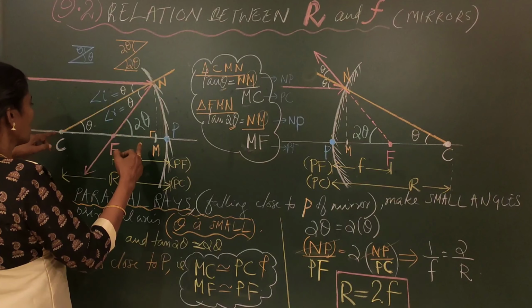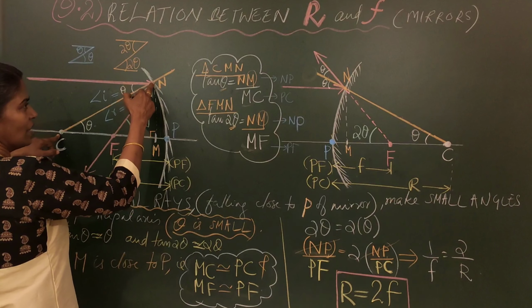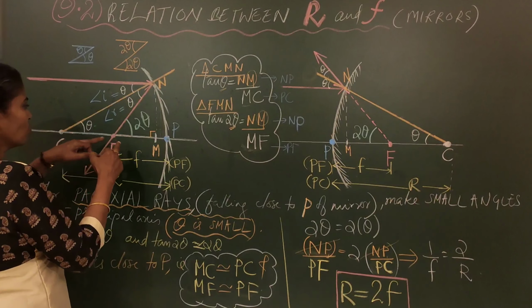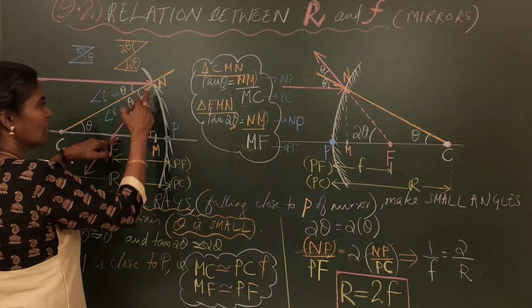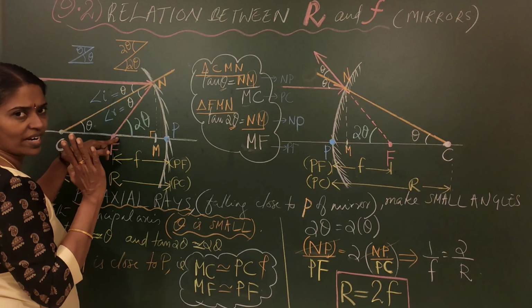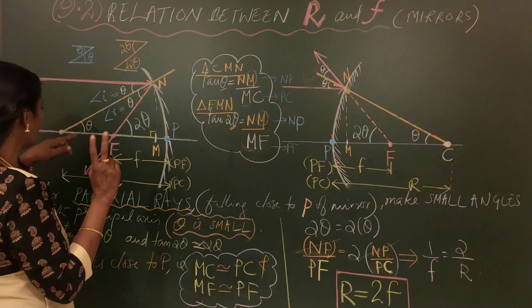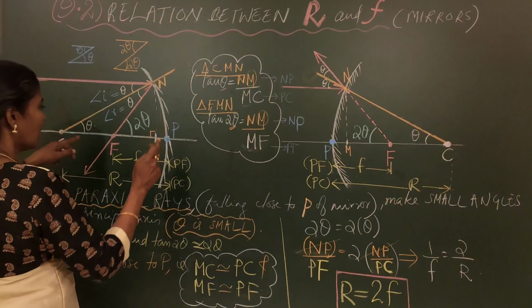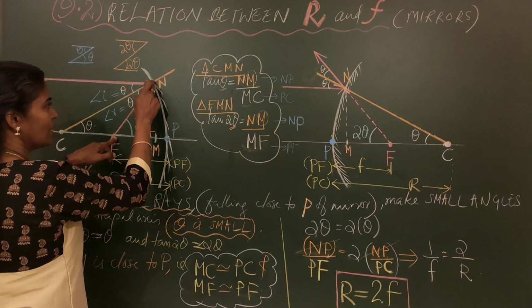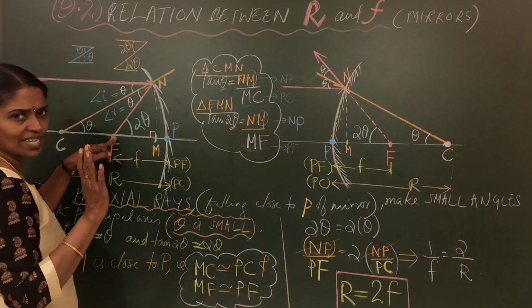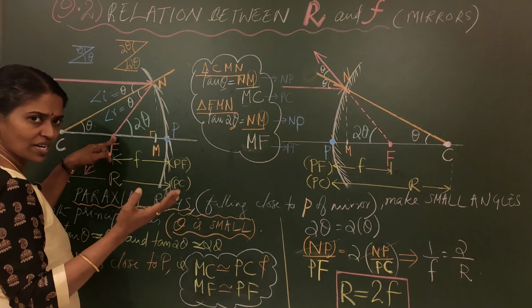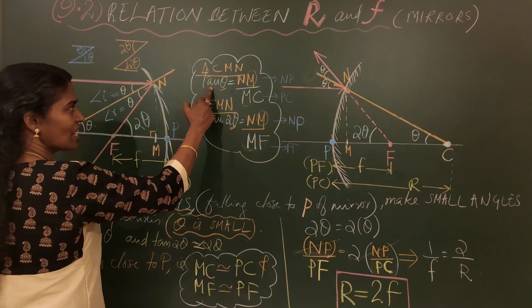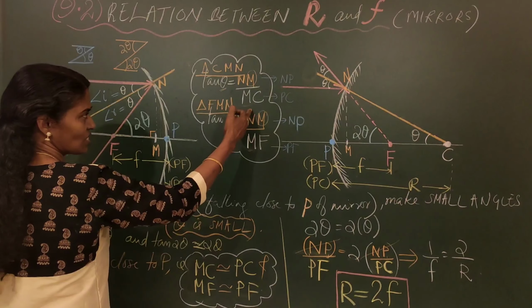So the two triangles CMN and also FMN both are right angle triangles. Two triangles we are considering once again: CMN, that is this, and the other one FMN. Both are right angle triangles. Of those right angle triangles, tan theta can be written as opposite by adjacent side.